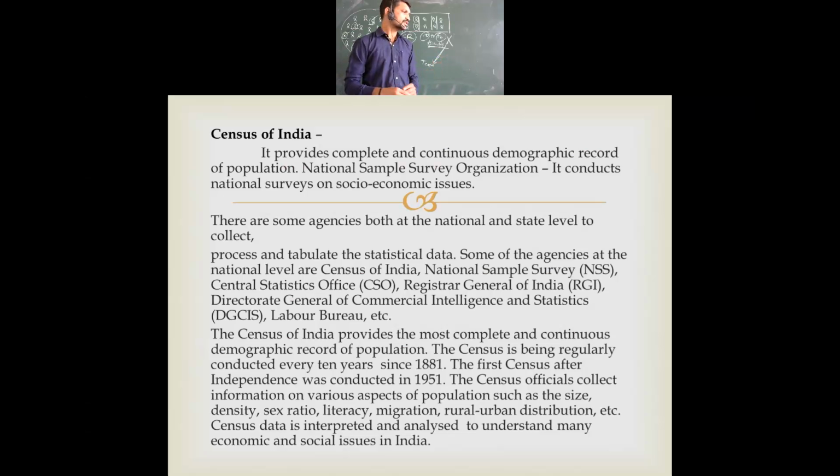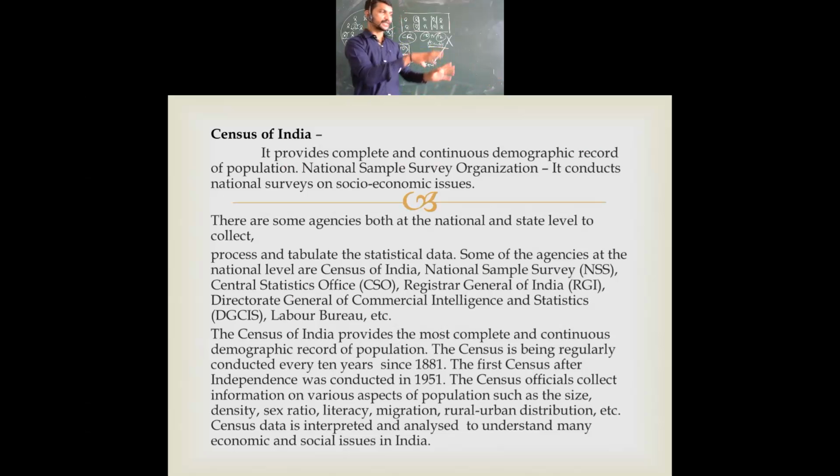And some agencies at the national level are Census of India. That is what Census of India, one of the agencies. Then National Sample Survey Organization we are having. Then Central Statistical Office we are having. Registrar General of India, where the total population is published, information will be disclosed from them.